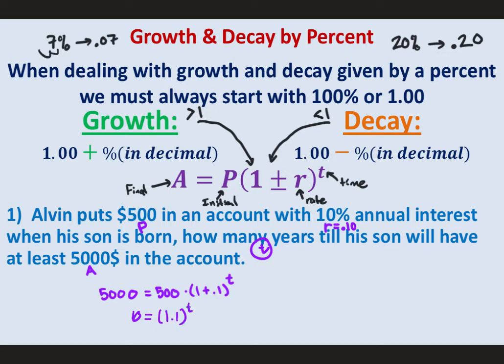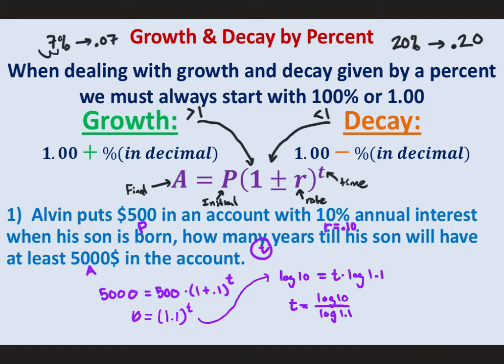All right, and this is one of our equations that we learned how to solve in our previous lesson. So I'm going to go ahead and take the log of each side. So I have log of 10 equals t times the log of 1.1. And I'm going to divide that log of 1.1 over to the other side. So I'm going to get t equals the log of 10 over the log of 1.1.